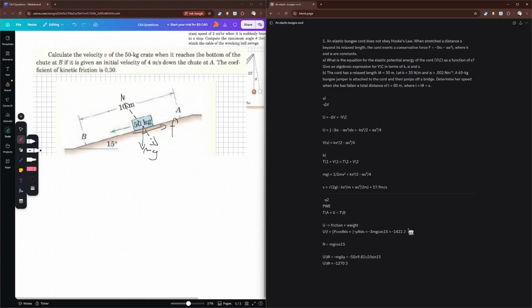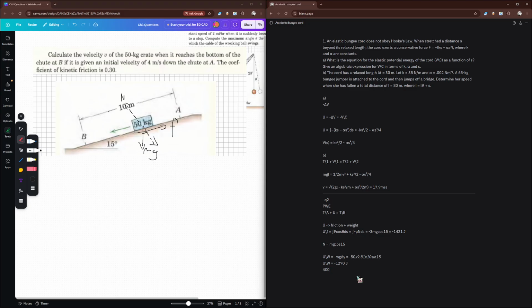Now we can go to this equation here and solve. So TA is half mv squared, so a half times 50 times v squared, so 16. We can simplify this to 8 times 50, which we can then simplify to 400.